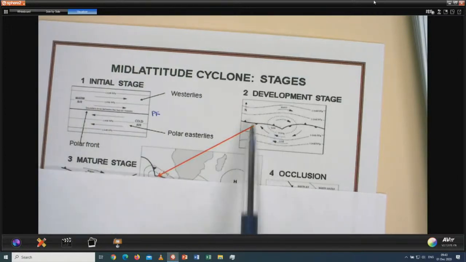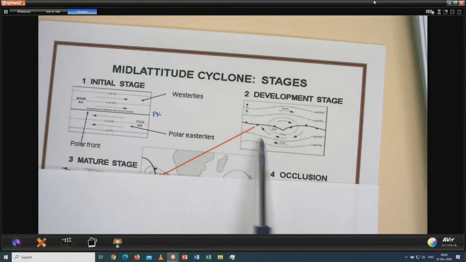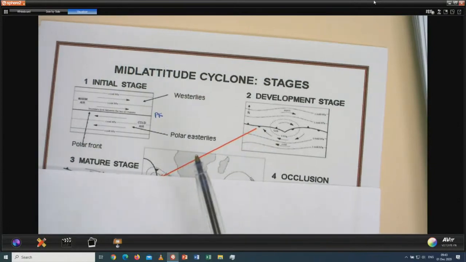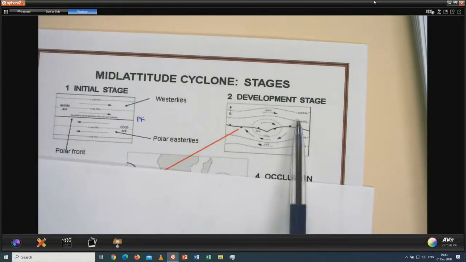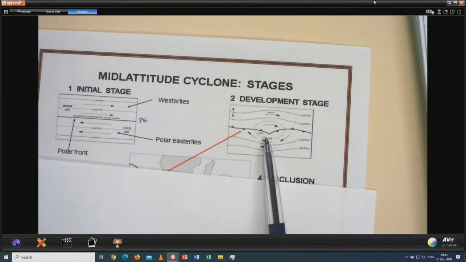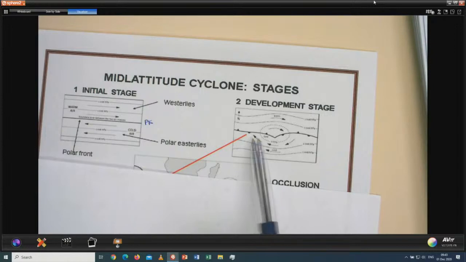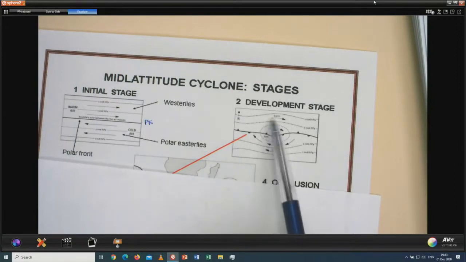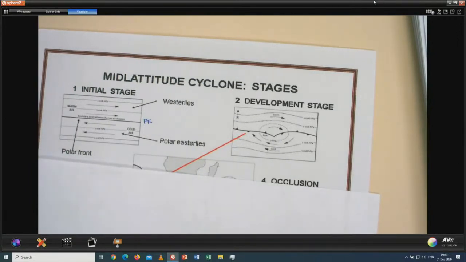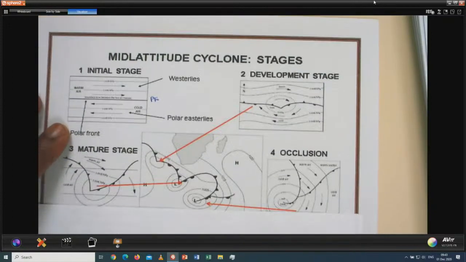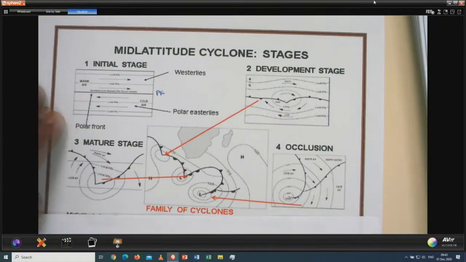But after the wave has been ignited by those four causes, this is the wave, the formation of a wave. So the cold air is starting to move because it is heavier, it's starting to move towards the warmer air. And what happens when the cold air is moving towards the warmer air? It moves underneath the warmer air because the warmer air is lighter. So this will lead to the mature stage.